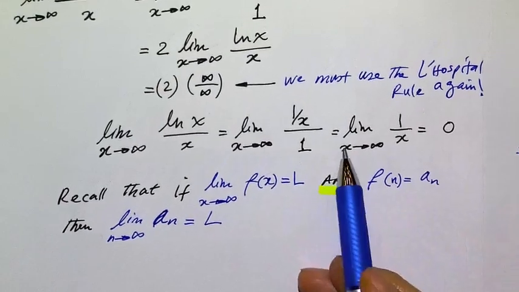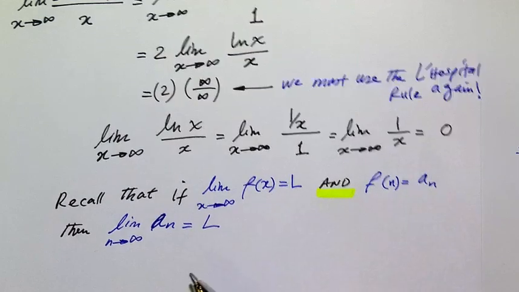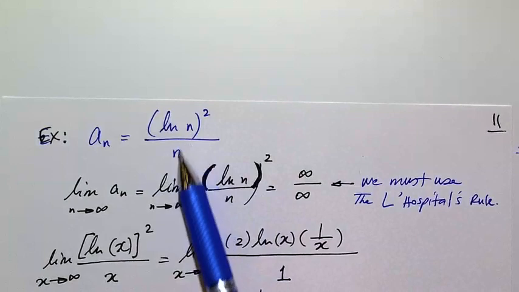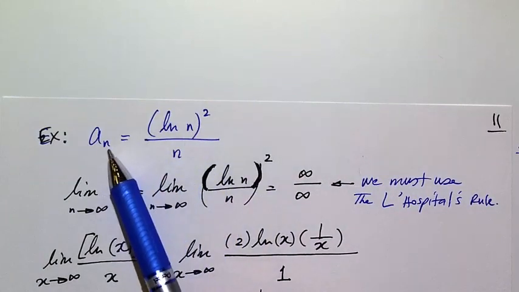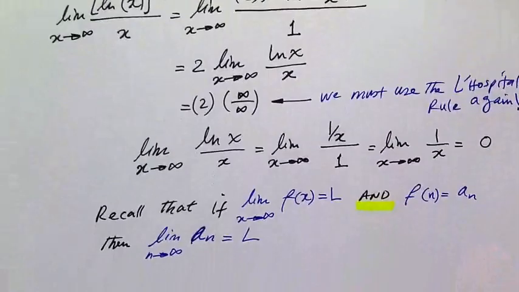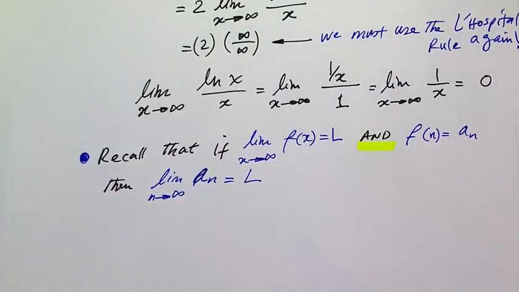So we did that for the function, and we got 0. That means the sequence, in this case, if you replace x with n, of course, you get the sequence that we already had. So we've satisfied all the conditions for applying this theorem or identity.